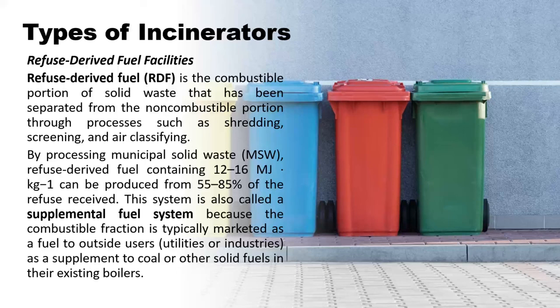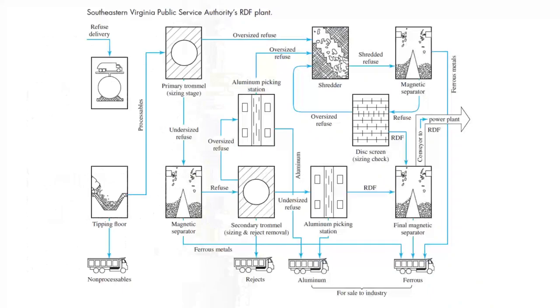This system is also called a supplemental fuel system because the combustible fraction is typically marketed as a fuel to outside users as a supplement to coal or other solid fuels in their existing boilers. So this is a typical refuse-derived fuel facility.